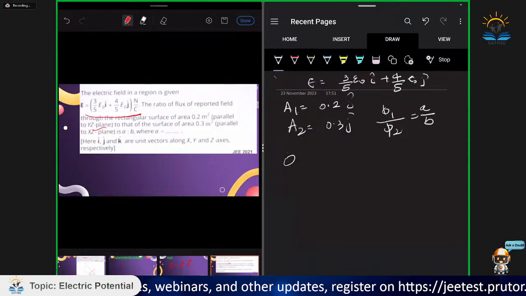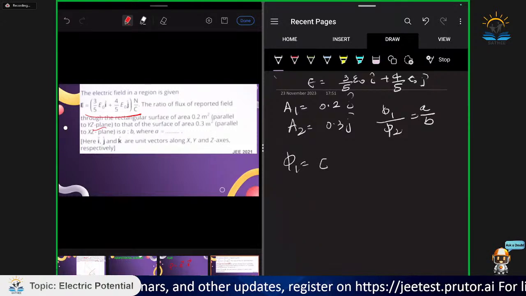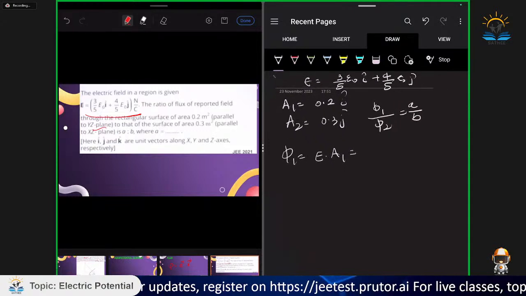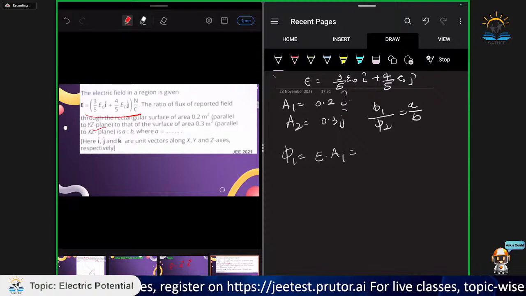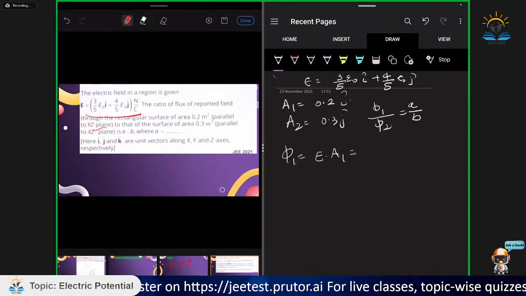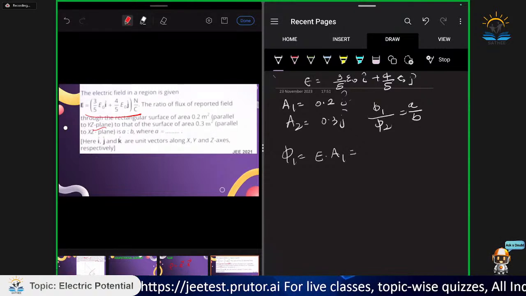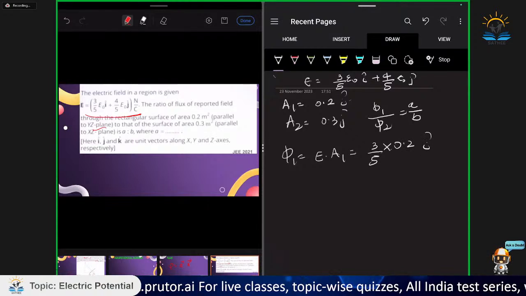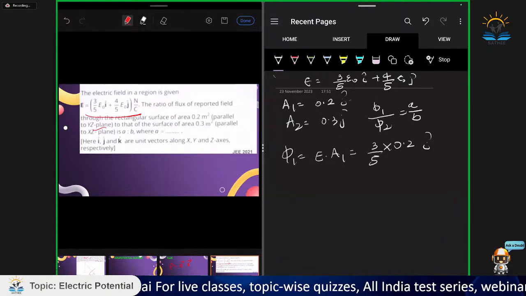First, what is phi 1? Phi 1 will be E dot A1, right? So we are doing a dot product. I dot J is 0, so just I dot I: 3 by 5 into 0.2, with I dot I being 1 only.